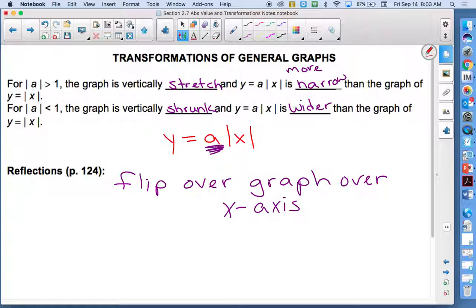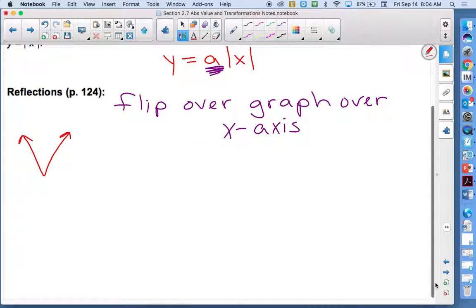So pretty much it changes direction. If my typical graph goes up, a reflection, or a flip, is going to make it go down. So that same graph flips, reflects, it now faces downward. That's a reflection. Same thing as a flip. We give it a nice new name and call it a reflection.